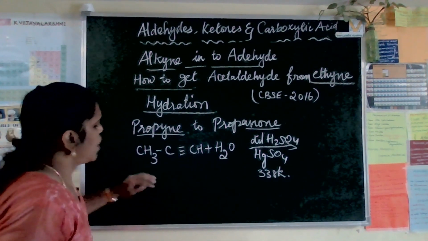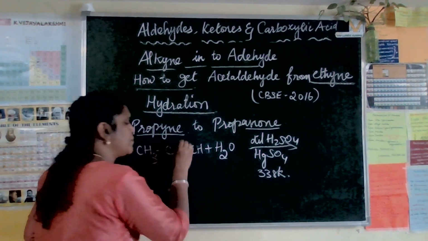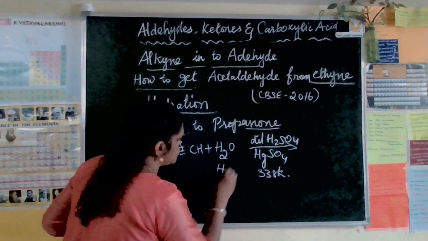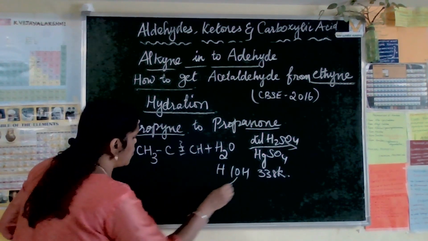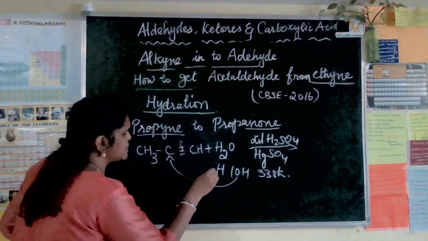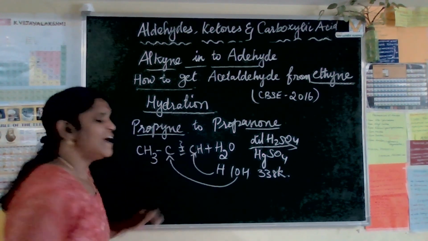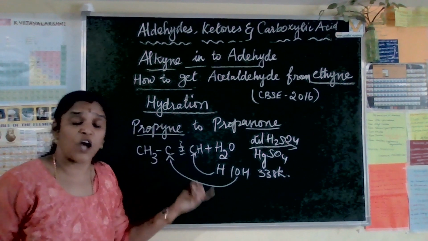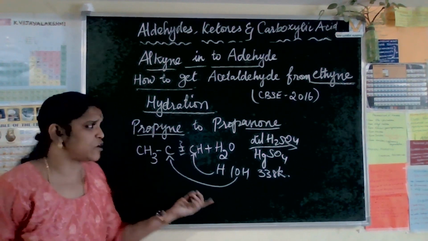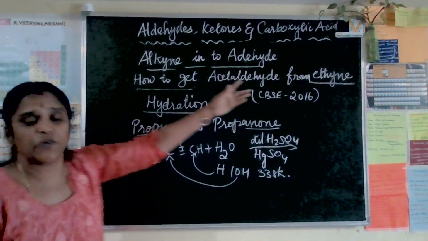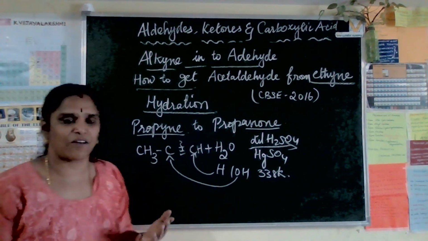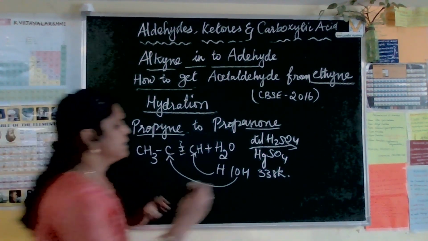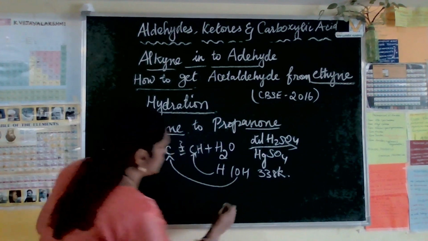Now what happened here? The bond breaks, so automatically OH. This OH will go and attach to that carbon, and this proton will attach over here, according to Markovnikov's rule. Even there you can bring it, but that is a symmetrical carbon, whereas here it is unsymmetrical.